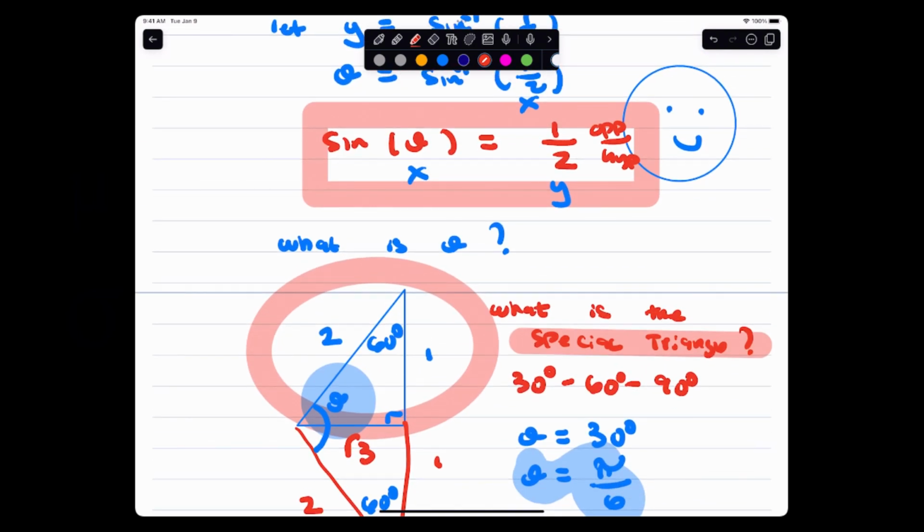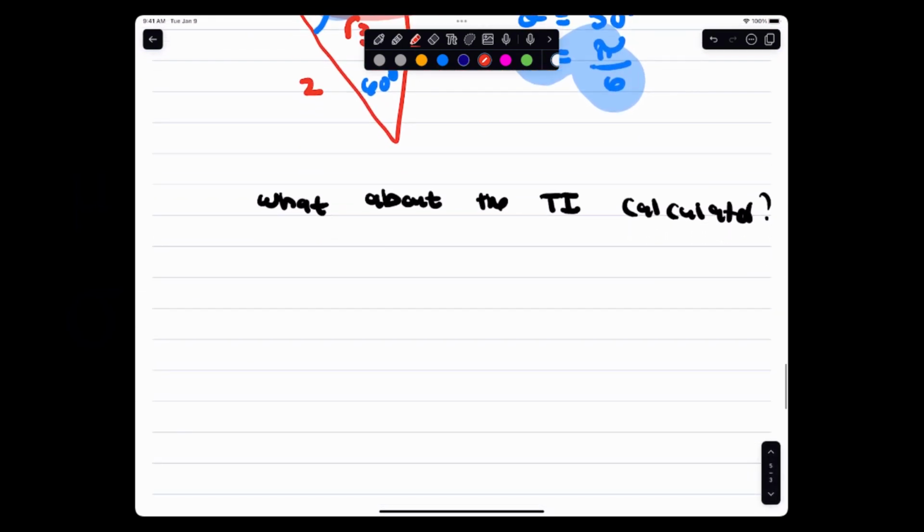That's why I put a happy face, because you guys already know how to do that. You want to know how to do this. But they're going to go to a place now, and you say, what do you mean? Why did you just show me the calculator, even though it worked here? They might give you inverse sine of maybe 0.652.